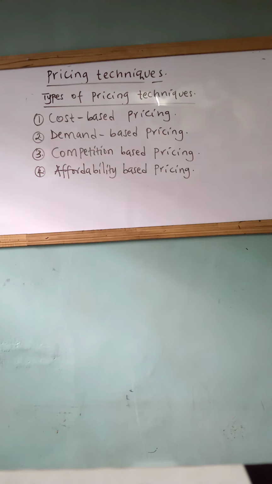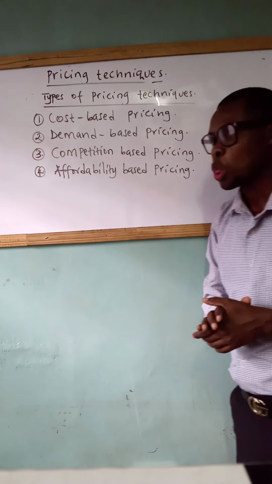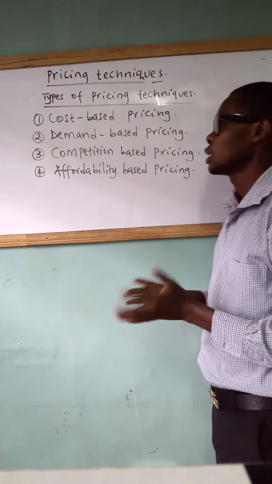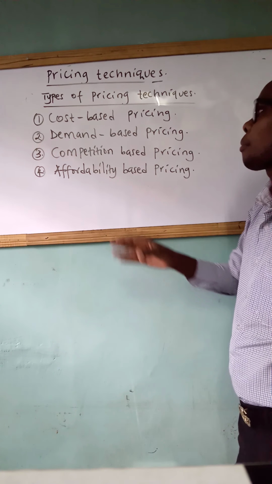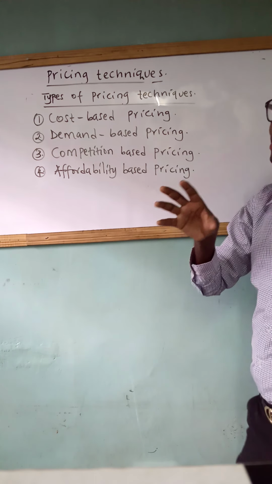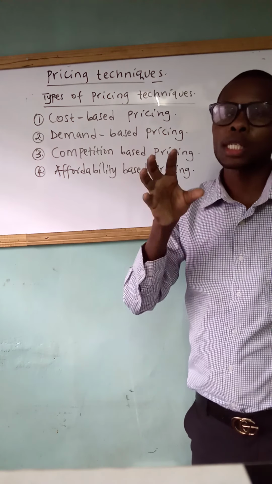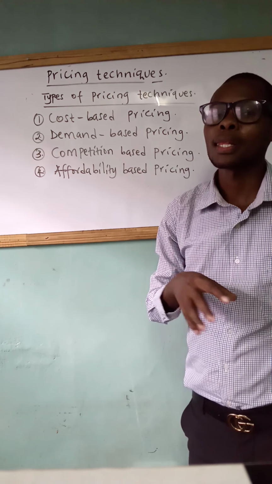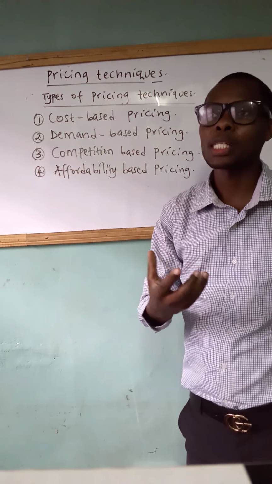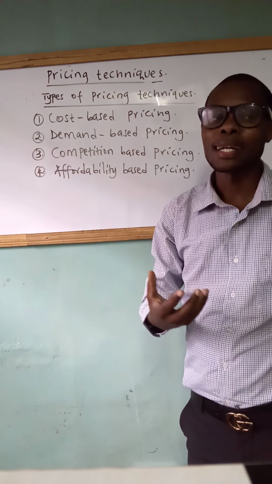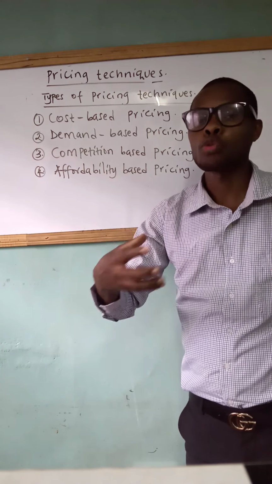Okay, now let's touch each at a time. Cost-based pricing involves now the costs. That is where you look at the cost, or you try to examine the cost and understand how much it costs you to produce a product.